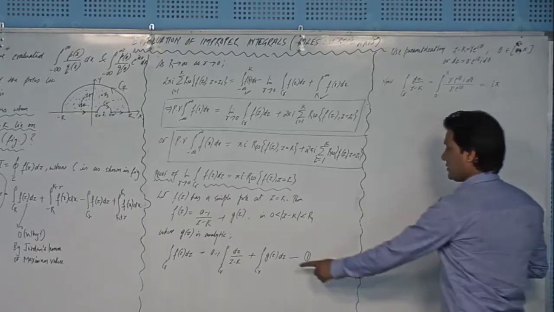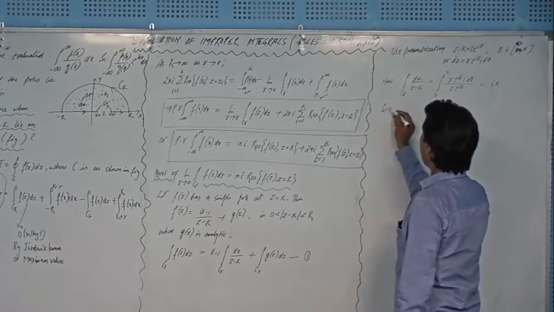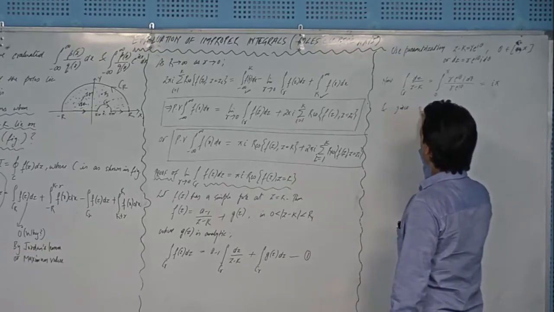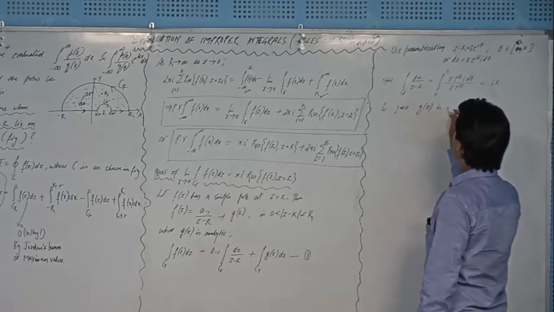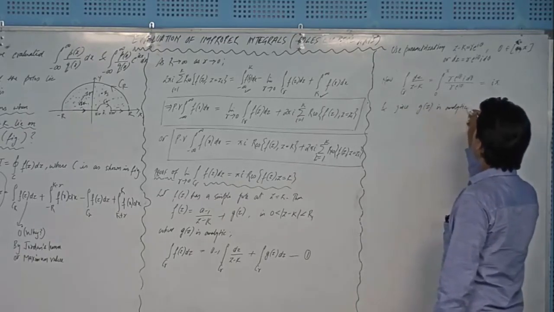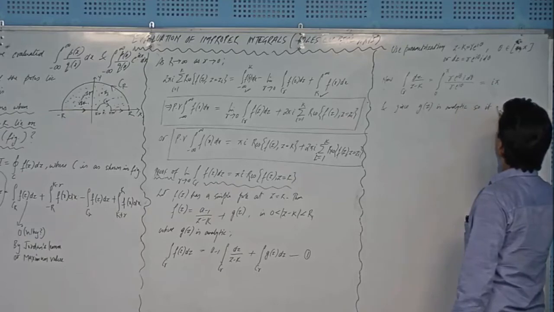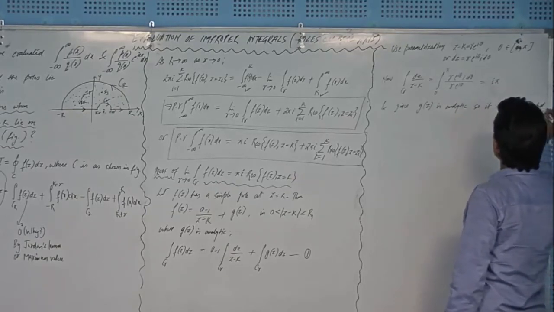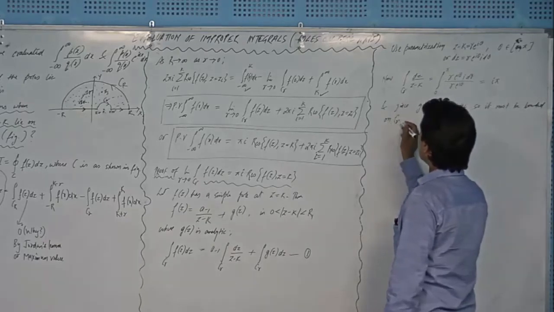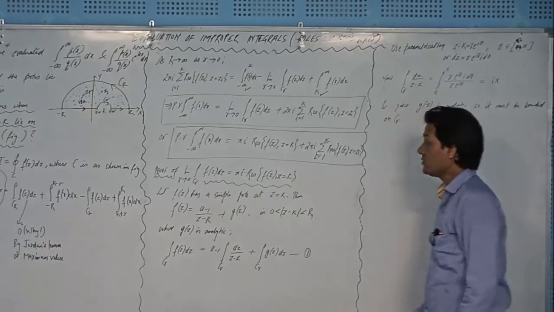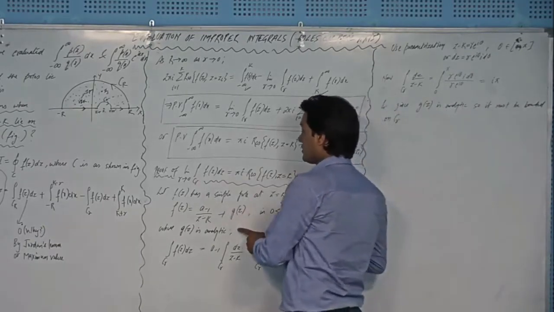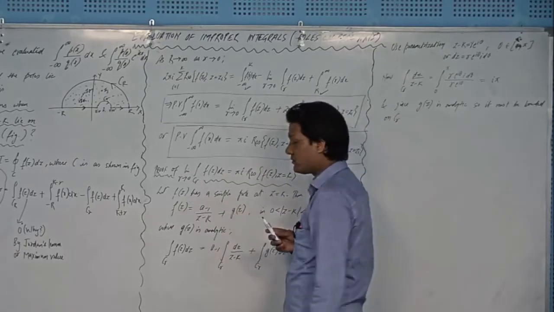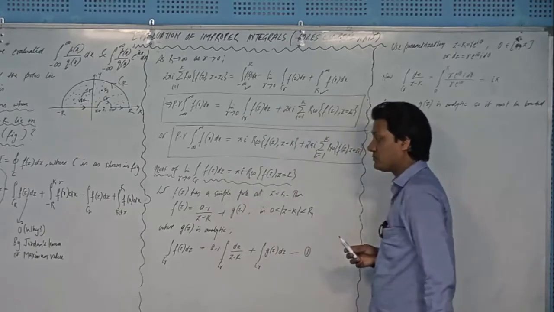And what about this? Since g(z) is analytic, it must be bounded on CR. You know that g(z) is the analytic part of this Laurent series, it will contain all the non-negative powers of z minus z naught.